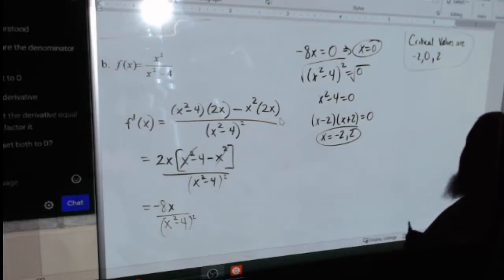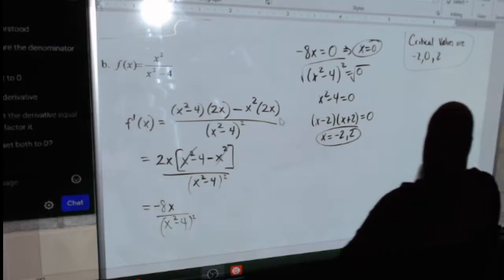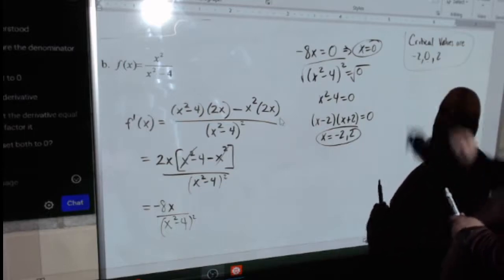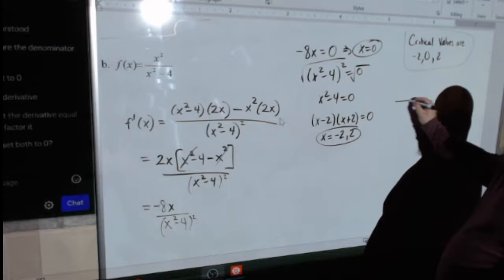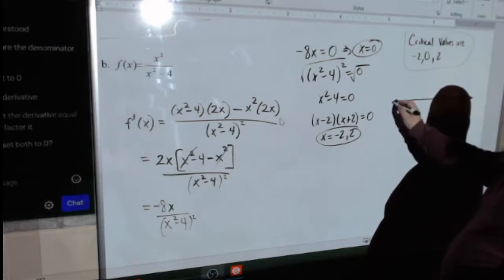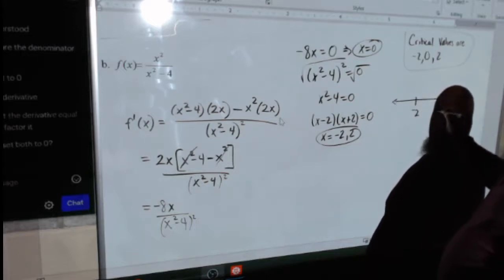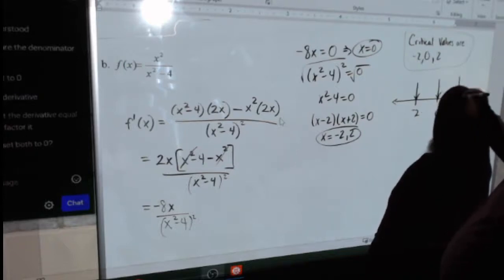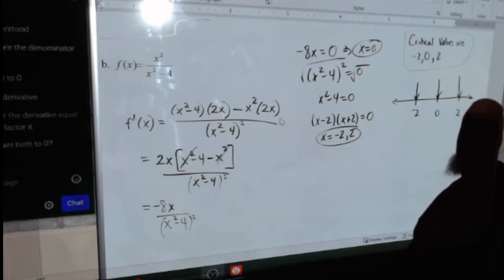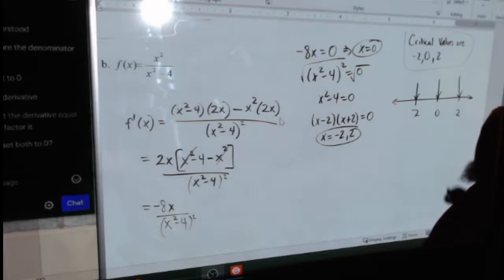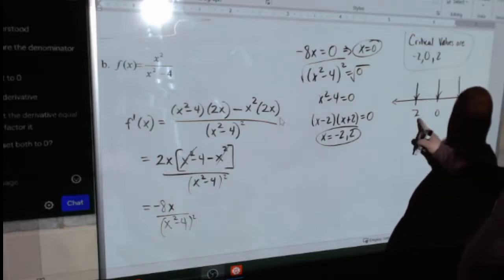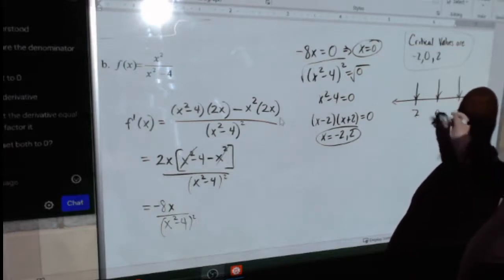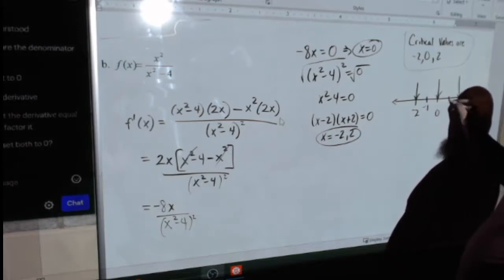All right, so now we need to set up a number line that is broken by these critical values. Then we need to decide on what we want for the test points. So between negative 2 and 0 would be a negative 1.